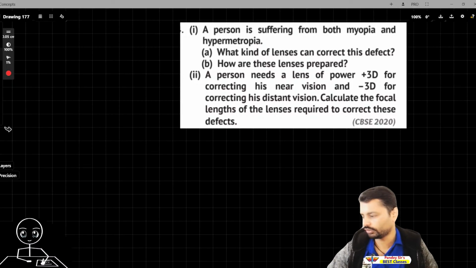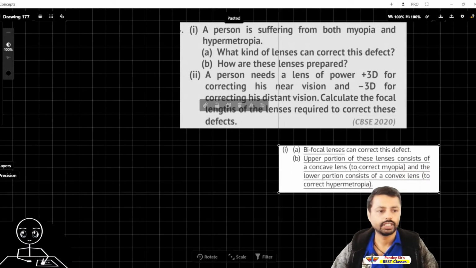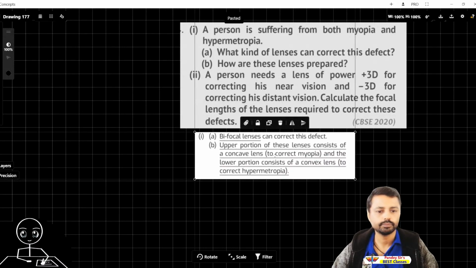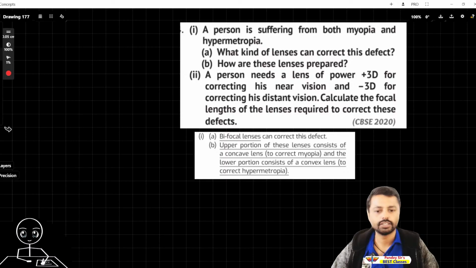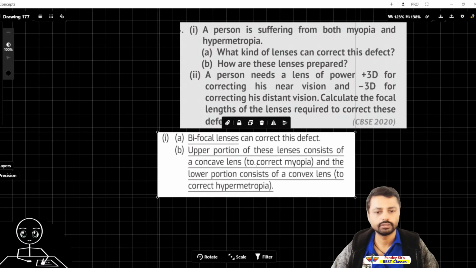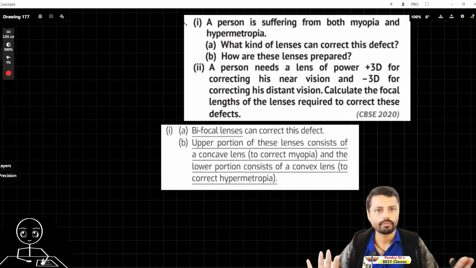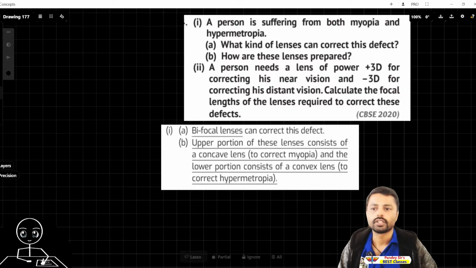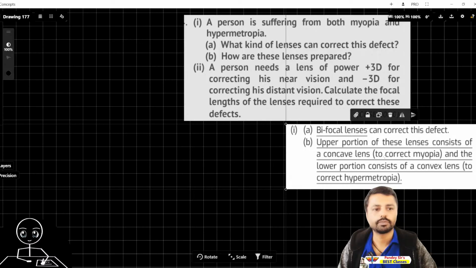This solution I will show, you can just learn. One portion of this lens is concave and the other is convex. But you have to do the calculation part. Here is the solution. I think I should zoom, so I'm zooming it. Take the screenshot if you need it for the solution. Now let's do the calculation part.